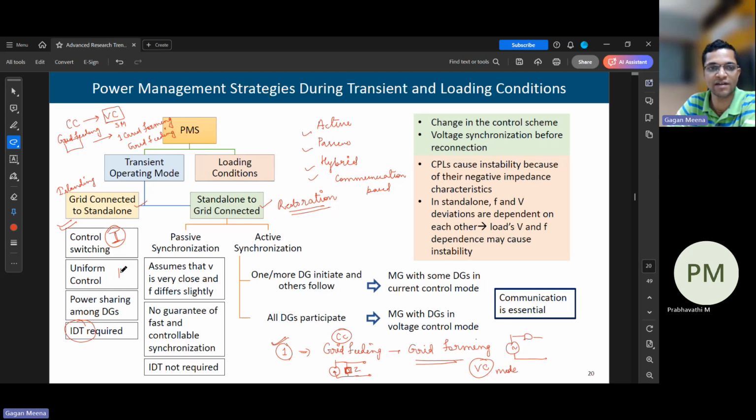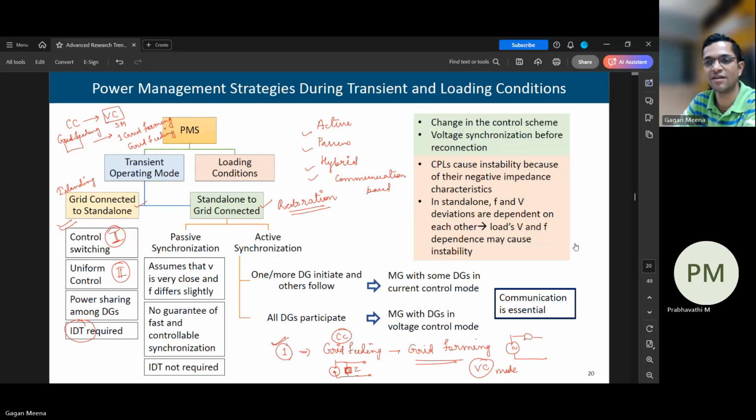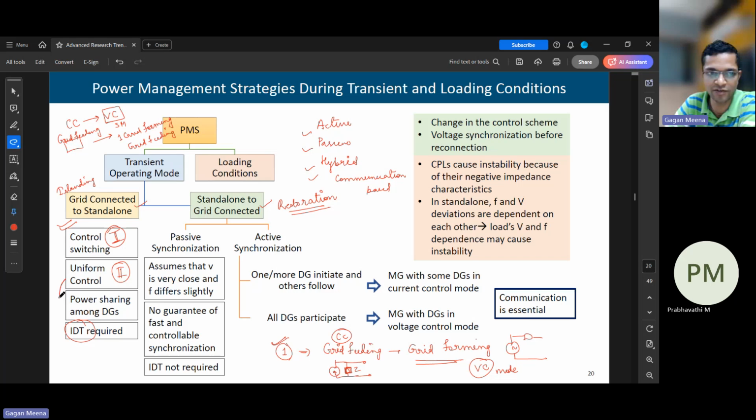And this is a second strategy, where the control scheme can be such that there is no need to switch from current control to voltage control and voltage control back to current control. It is what we can say transition agnostic. That's why it is called uniform control. Uniform means it's the same throughout.